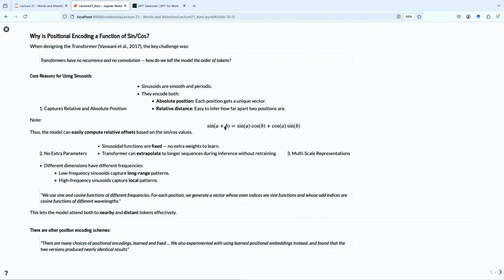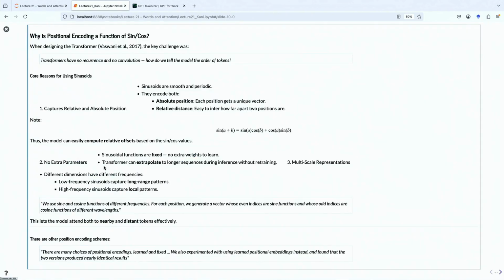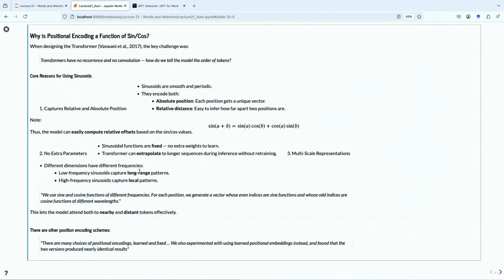Okay? So if each different dimension has a different frequency, the low frequency captures long range patterns, the high frequency captures local patterns.